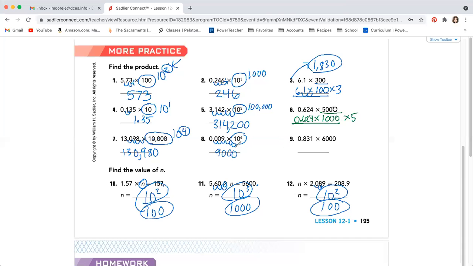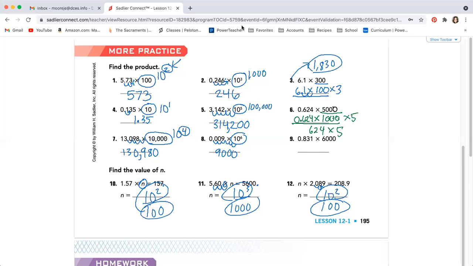And that's just, I like to move it. How many positions are we moving the decimal when we're multiplying times 1,000? How many positions, class? Show me with your fingers. Yep, thank you, Tegan. 3 positions, right? Because it's 1,000 and there's 3 zeros in 1,000. So move it. Turns it into 624 times, don't forget about the 5.